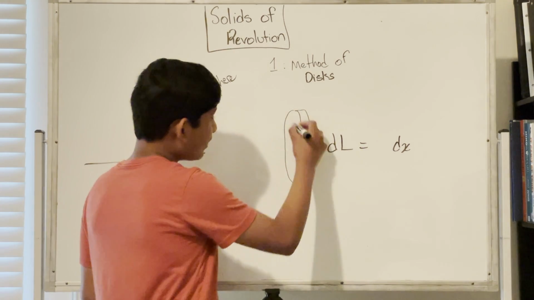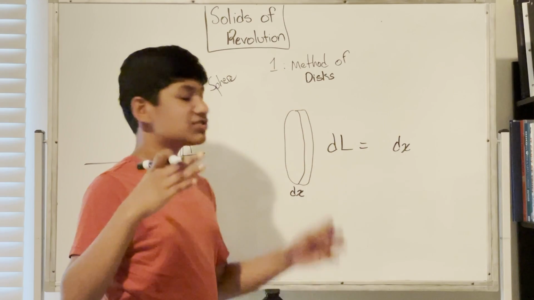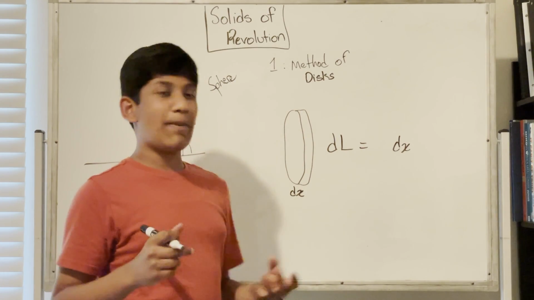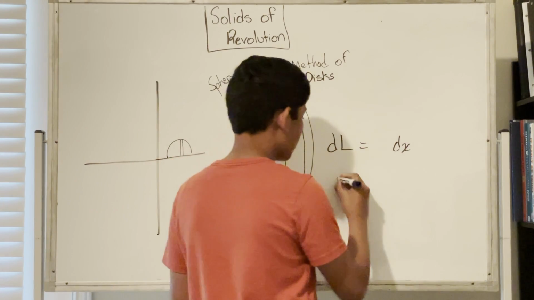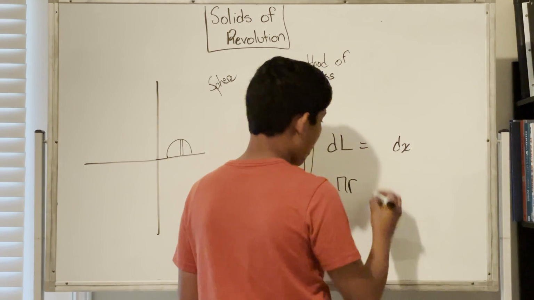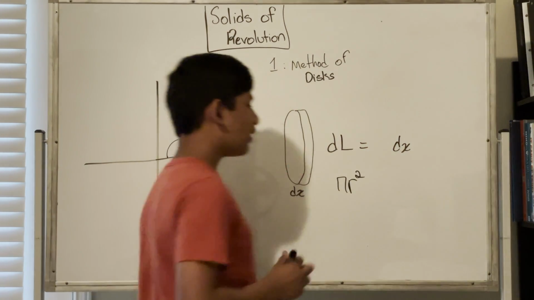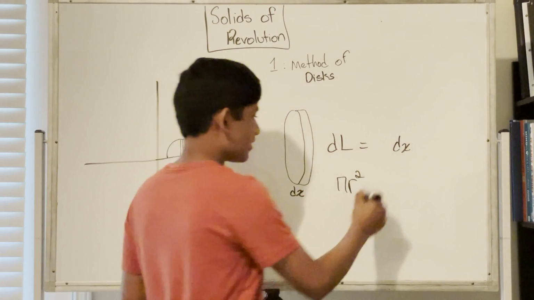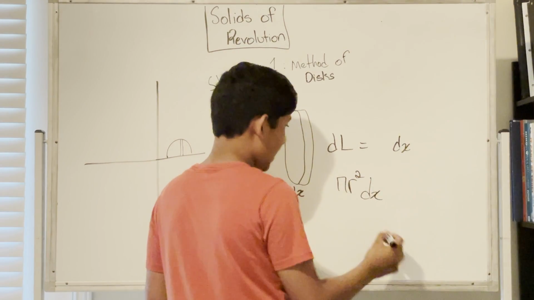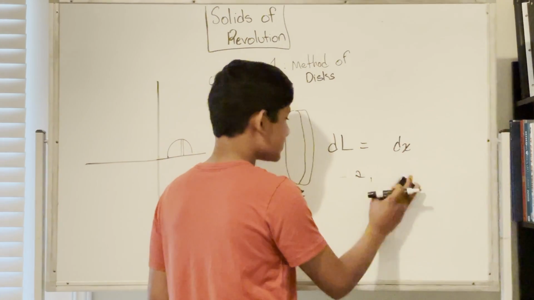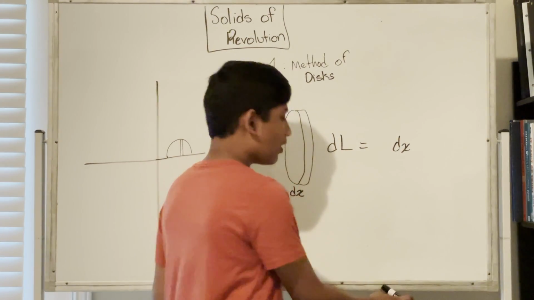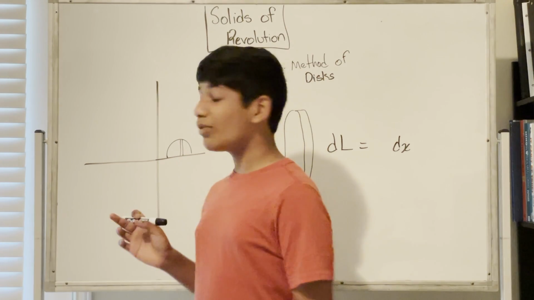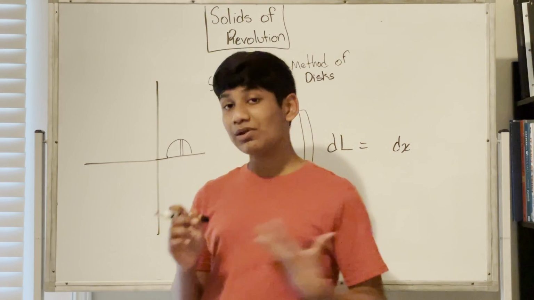Okay, so we know that cylinders have a circular shape on top. So the area is pi r squared, and we're going to multiply this with dx to get dL. But notice that since we're dealing with the coordinate plane, we're going to call heights y. We have a specific reason to do this, which we will look at later.